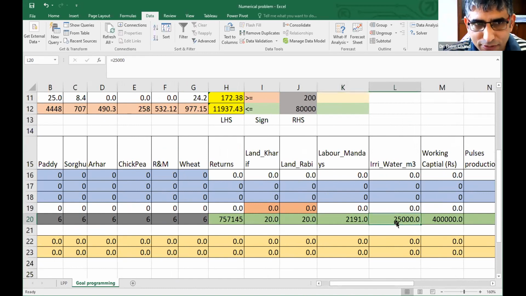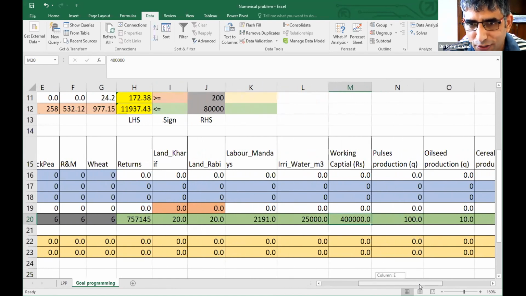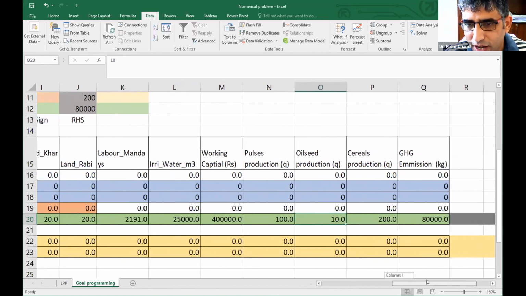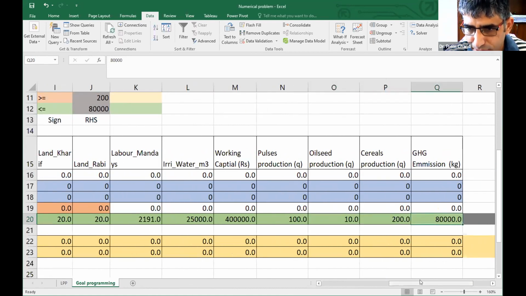My water availability is this one, means I can borrow some water; if I get the return, how much water I have to borrow. Similarly, how much additional working capital I will be requiring, or I'll be saving something. Pulses production, whether I will be able to achieve it or not, my aspiration is this level. I have just converted these into goals now.